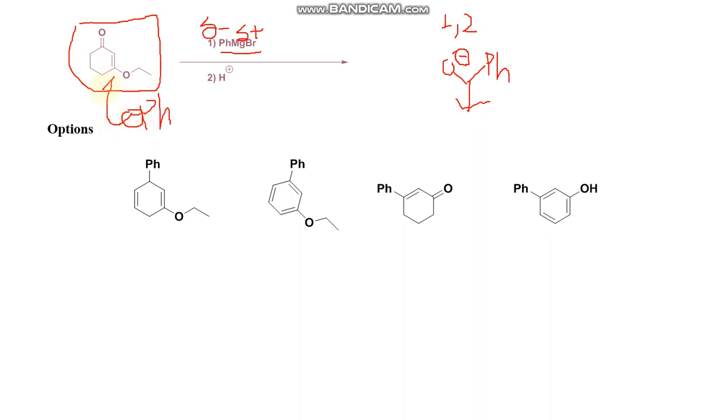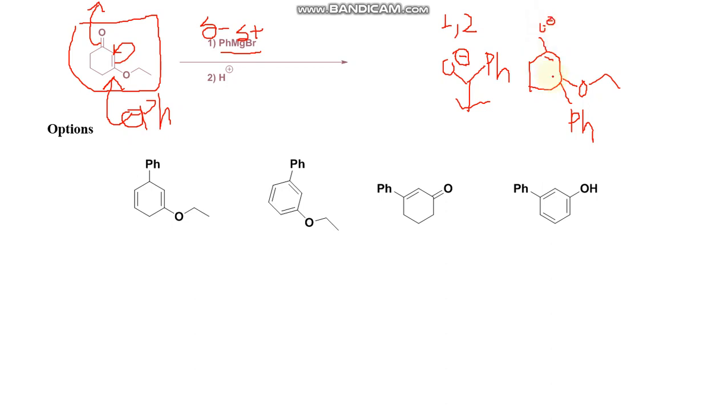It attacks like this, so it will go like this, and O minus will be O minus MgBr. In that case the structure will be like this: you have a cyclohexane ring and the same OEt, and you have a Ph. Now this will be a double bond and this will be O minus MgBr.